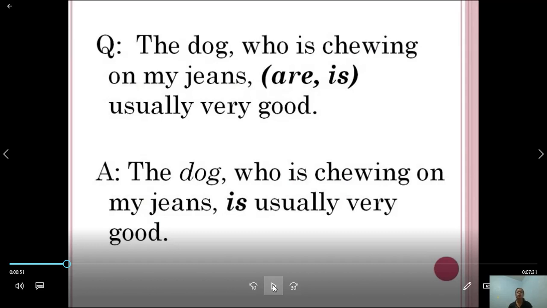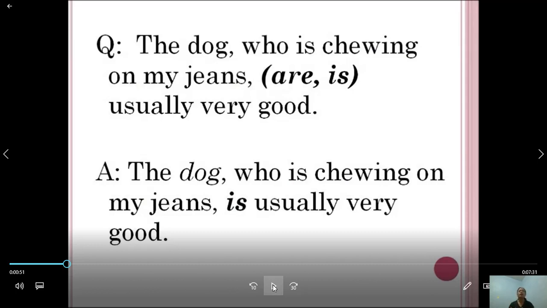Who is chewing on my jeans? Don't be bothered about these additional words. Just focus on the subject. The subject is the dog, which is singular, so it requires a singular verb.